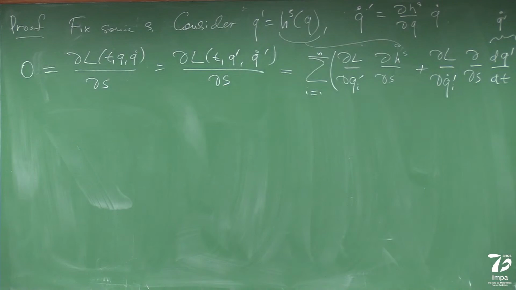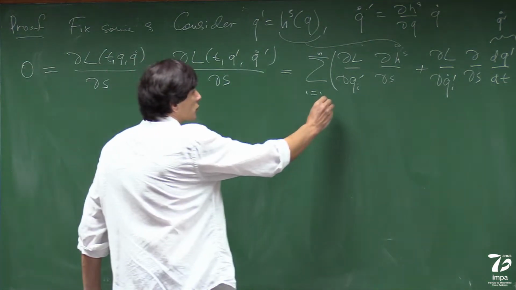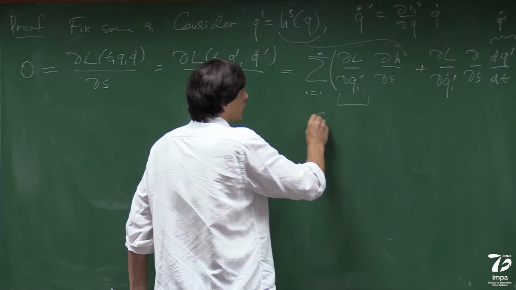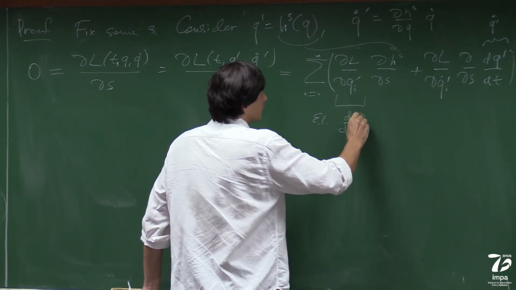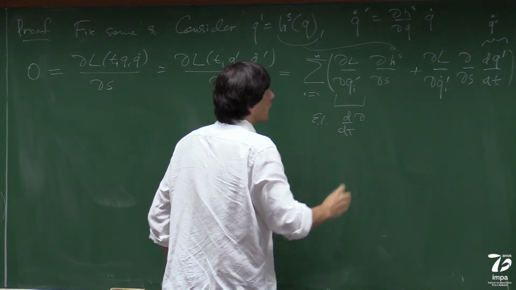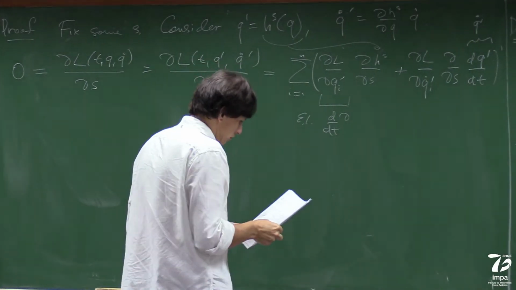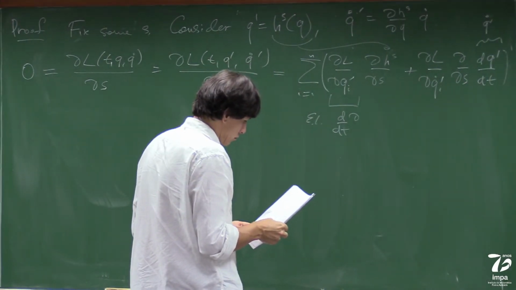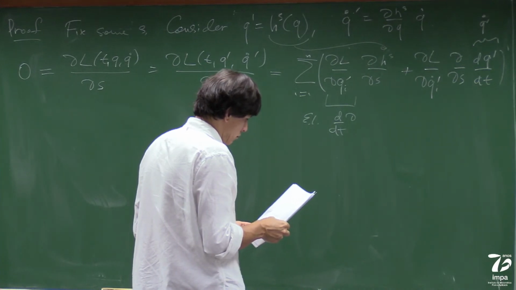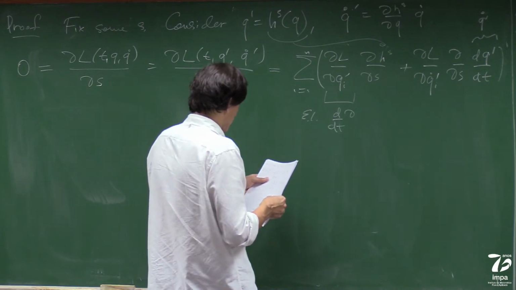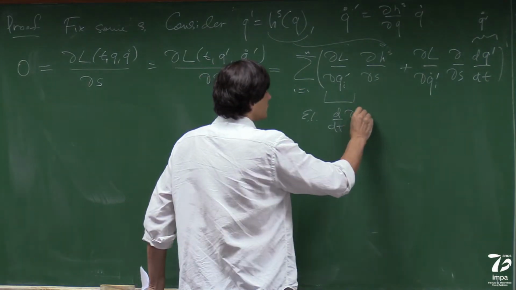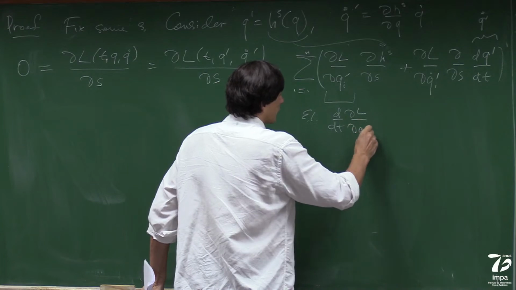So what do we do next? First we remember that by the Euler-Lagrange equation, this is exactly d dt, the L dqi dot.